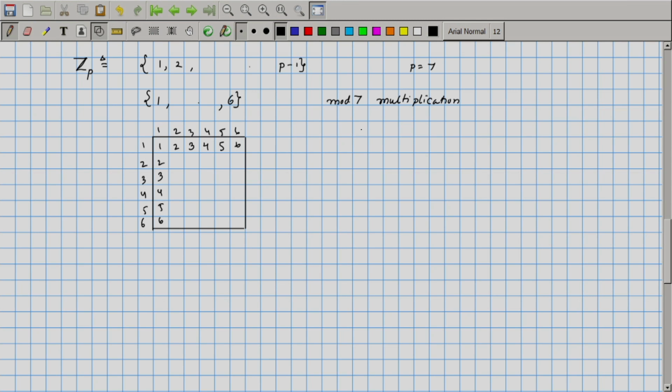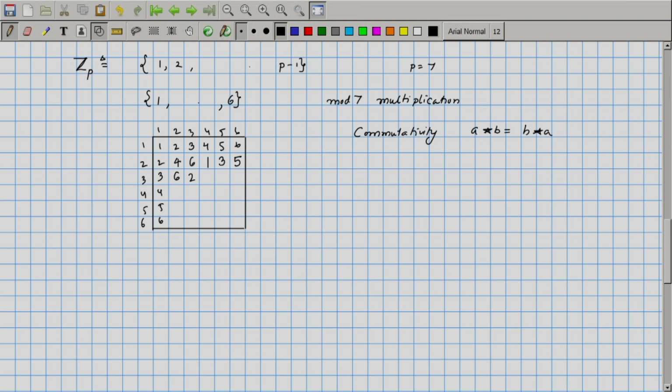This is a special group which has an additional property of commutativity. We say that a group is commutative if A star B is equal to B star A. The order does not really matter. 2 into 2 is 4, 2 into 3 is 6, 2 into 4 is 8, which is 1, 2 into 5 is 10, which is 3 mod 7.